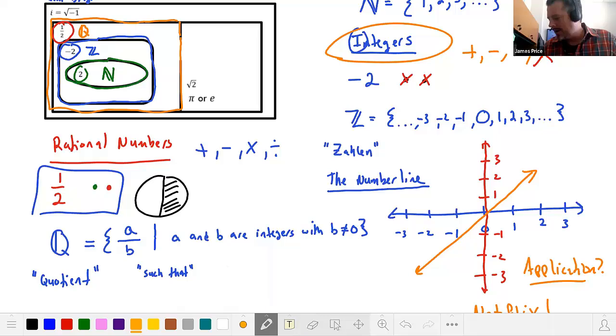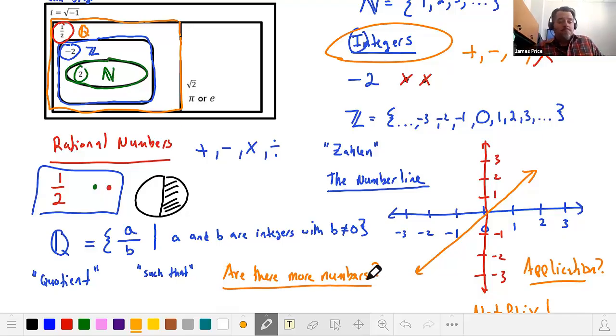All right, so are there more numbers? And what's interesting to this question is from an application point of view, no, you don't really need any other numbers. So if you're trying to solve a problem that's an applied problem and you have to set numbers to it, all you actually need are the rational numbers, because when you're solving an applied problem, there's always some error involved.